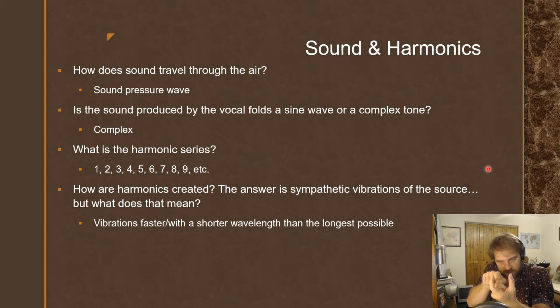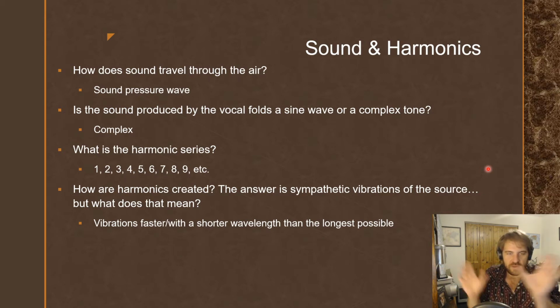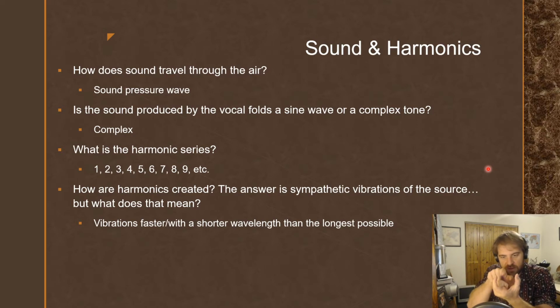Then they'd move and go downwards. So you could have half a wave here, and then half a wave here as it goes back and forth. But you could also have a full wave. You could have 1.5 waves. You could have 2 waves, and so on. Anyway, all of those harmonics are just going to be more and more vibrations in the same space as the actual length of the vocal folds.